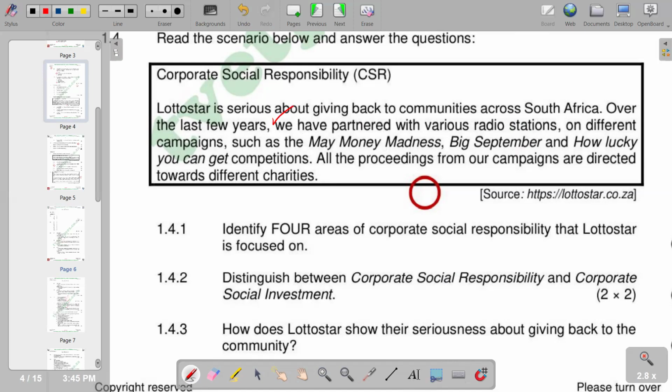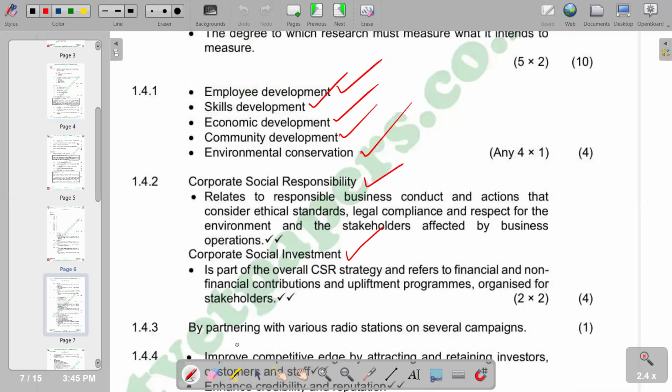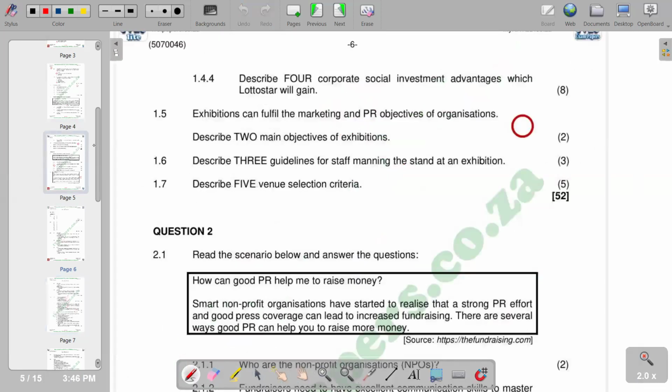This point can be very relevant. By quoting that sentence, we are pointing out how Lotosta shows seriousness about giving back to communities. In our memo, it reads: by partnering with various radio stations on several campaigns. This is exactly the sentence we have just picked.